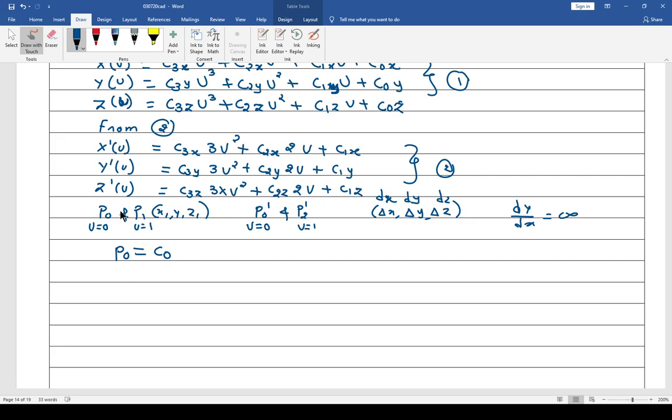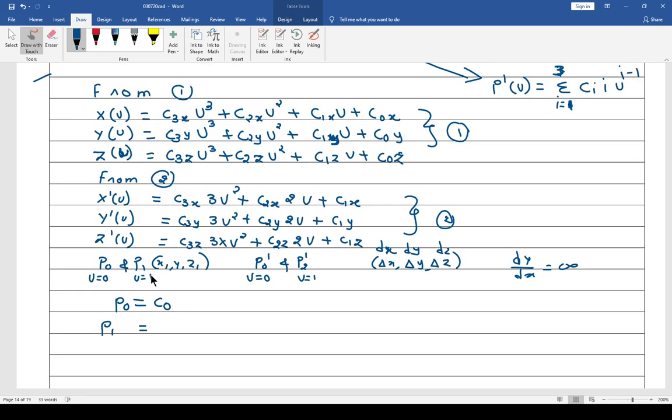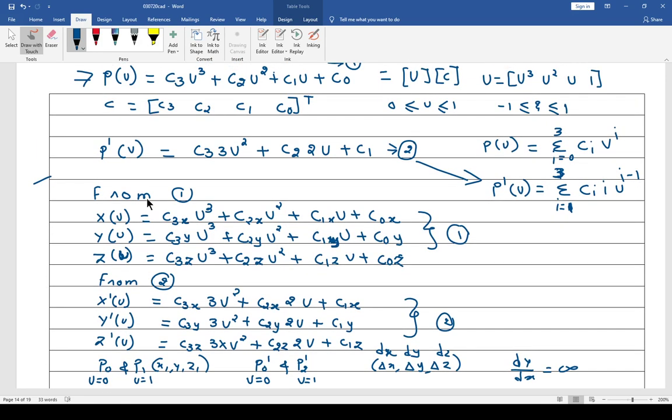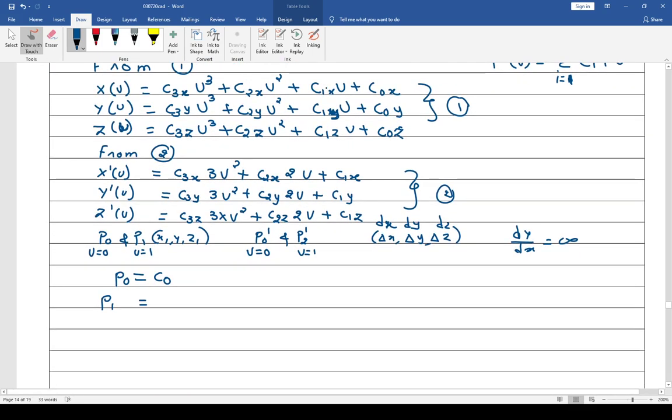Now I put u equal to 1, so what I am going to get is p1 on the left hand side. Watch carefully. On the right hand side I get c3, c2, c1, and also c0. So p1 equals c3 plus c2 plus c1 plus c0.